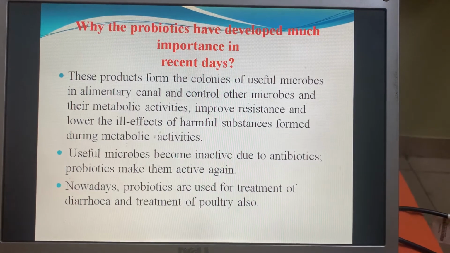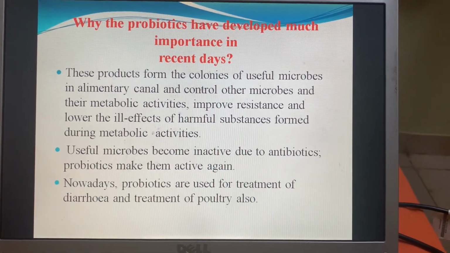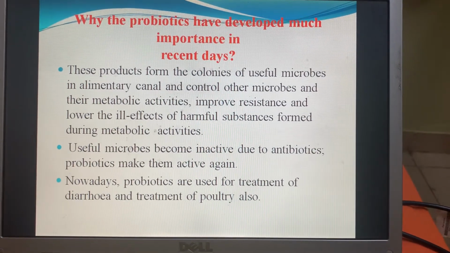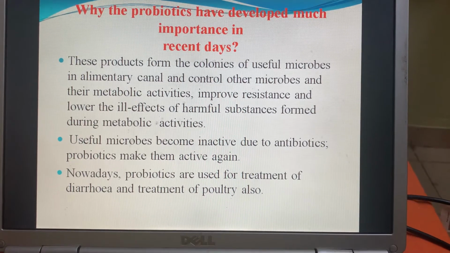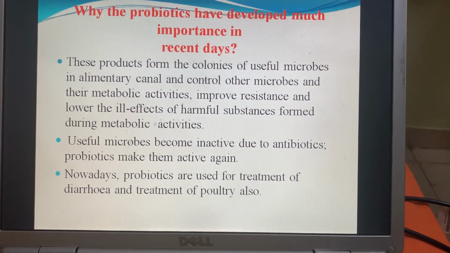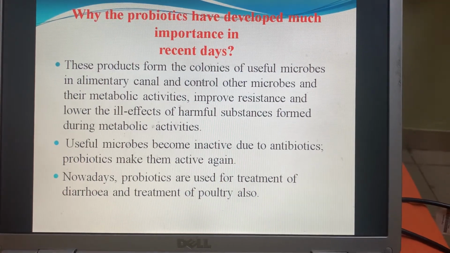Why are probiotics so useful? It is because these products form the colonies of useful microbes in the alimentary canal, that is our digestive system, and control other microbes and their metabolic activities.